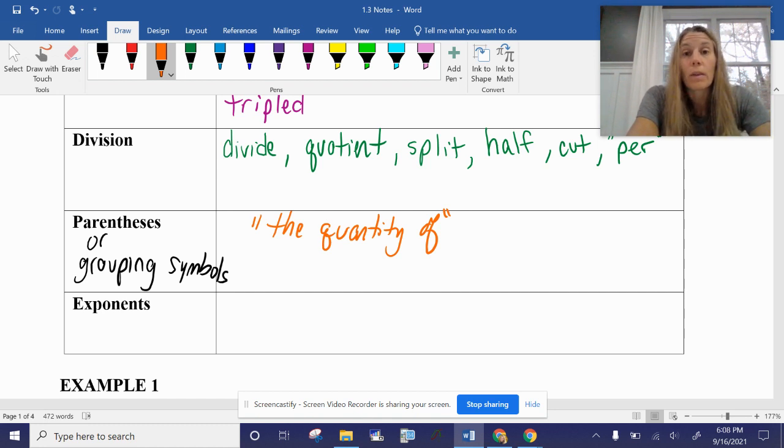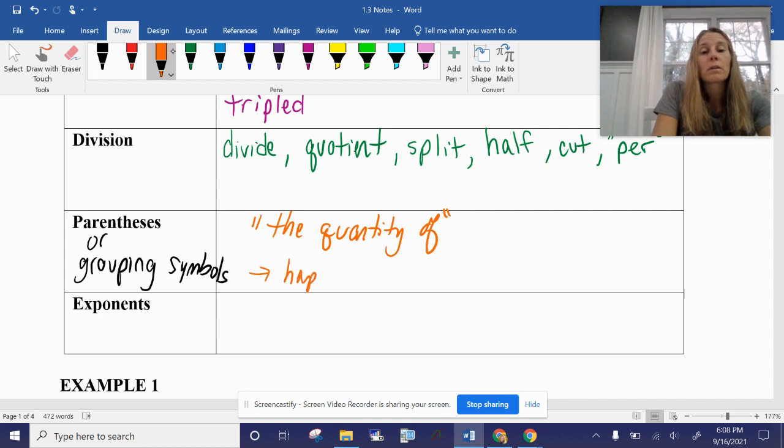Now, very often when we look at verbal situations that are going to require parentheses, it doesn't specifically tell us, but there'll be some indication of something happening first. And I'll show you when we do some examples in a minute.